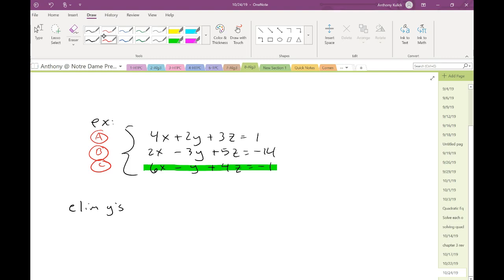Can everybody see that? So I'm going to do 2C plus equation A. What do I have to multiply equation C by so that when I add it to equation B, the y's will eliminate?